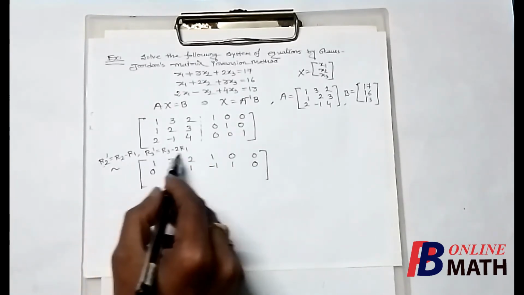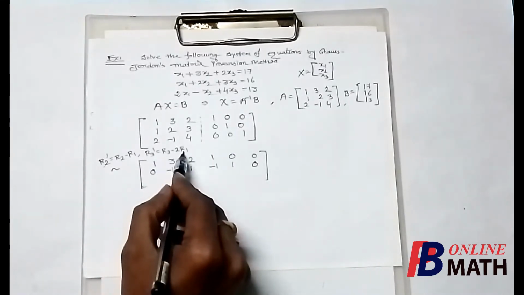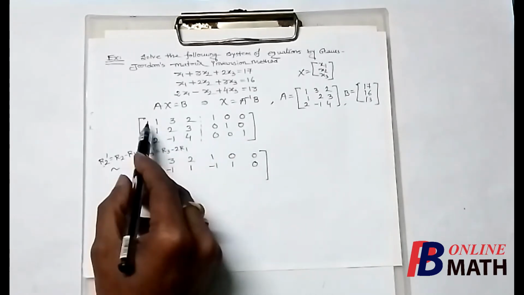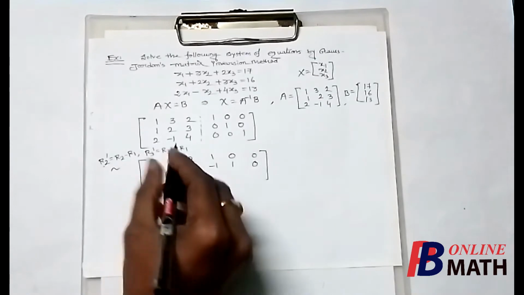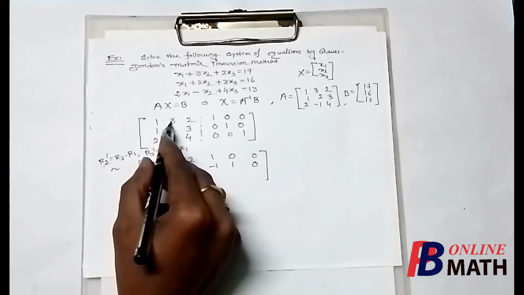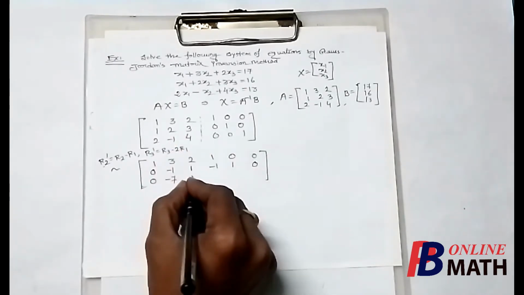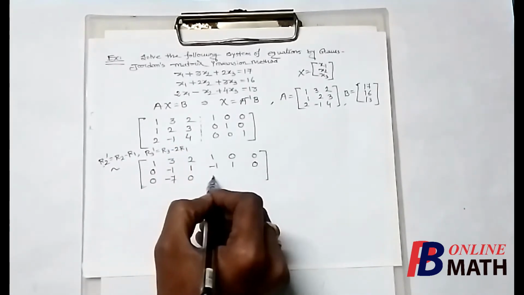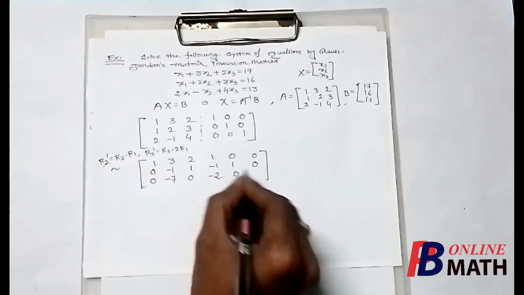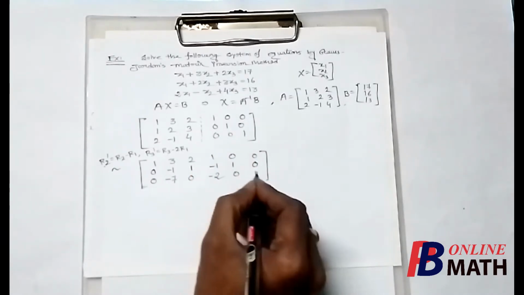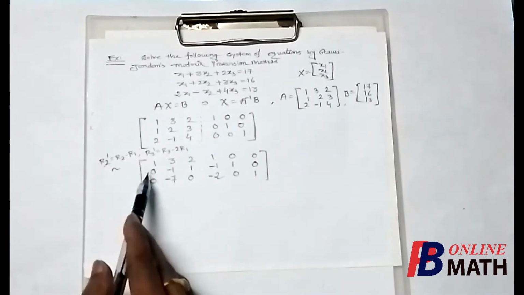If we apply this row operation on the third row, that is R3 dash equal to R3 minus 2R1, so this row minus 2 into the first row, then it becomes 2 minus 2 into 1, 0, minus 1, minus 2 into 3, which is minus 7, 4 minus 2 into 0, 0. This will be 0 minus 2, so minus 2, 0 minus 0 and 1 minus 0, which is 1. So in the first column, we have made two elements 0.